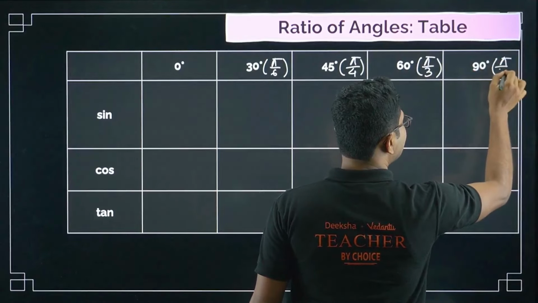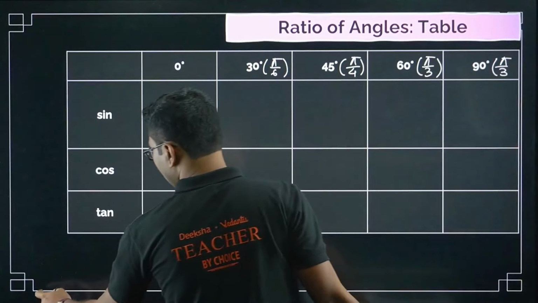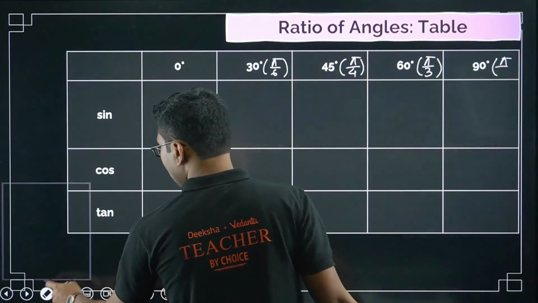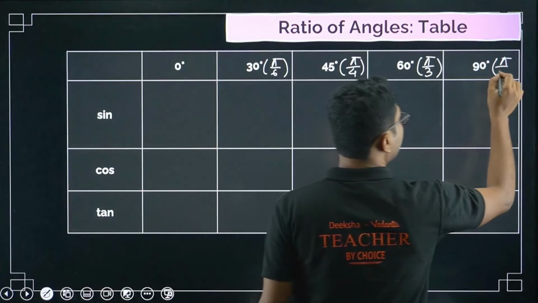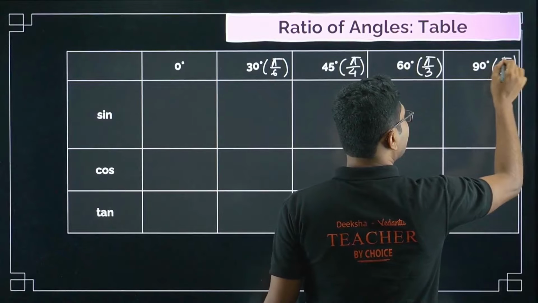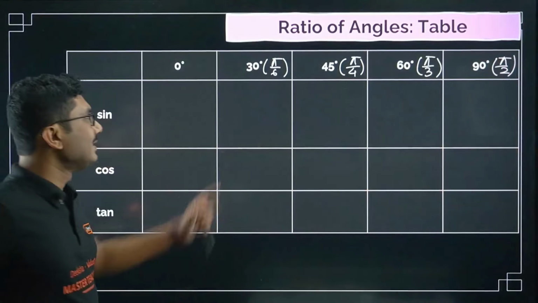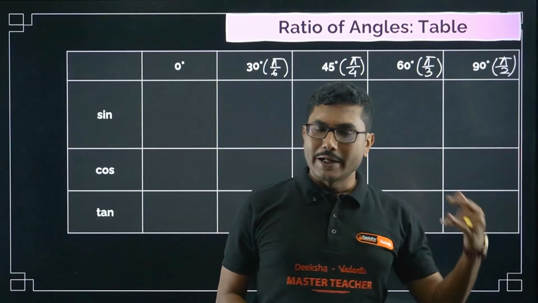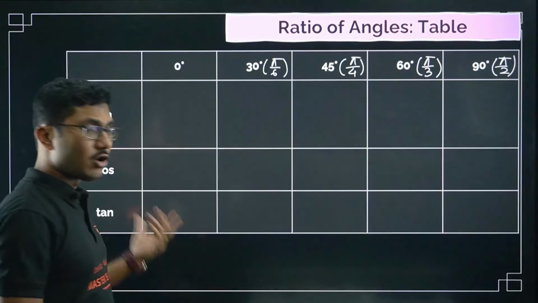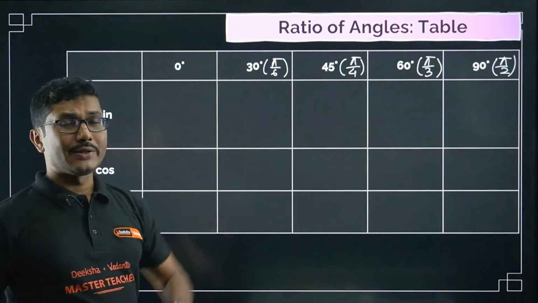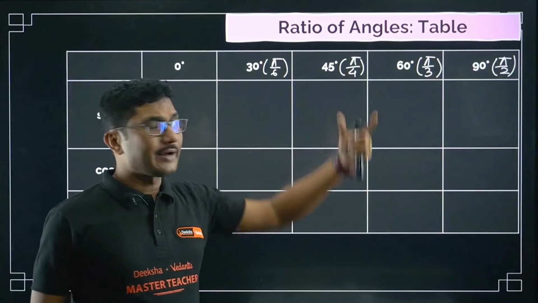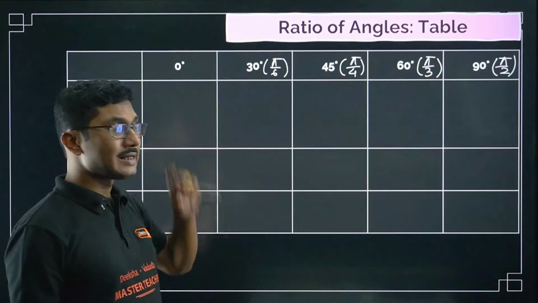So these are the angles in the corresponding radian measurement. We will see how to convert an angle into radians as well, so don't worry about it. But you have to remember that these are nothing but these angles. In physics particularly, pi by 2, pi by 3, pi by 4 are very common rather than directly giving you the angles. If you know these are the corresponding angles, you can solve it.